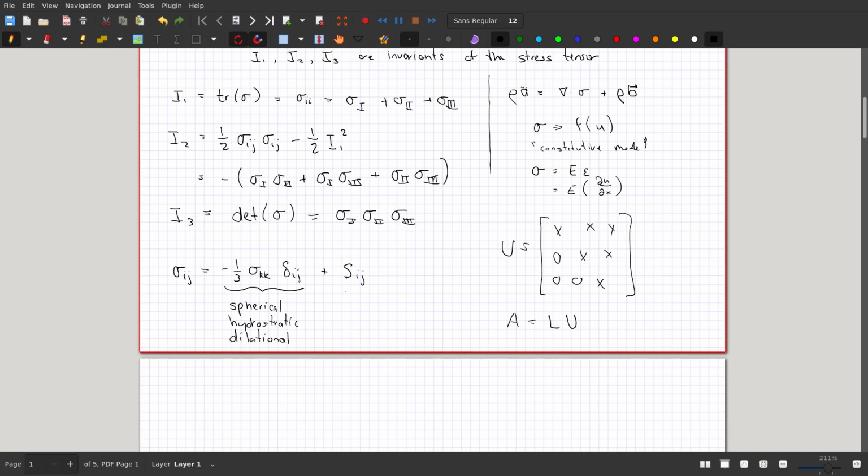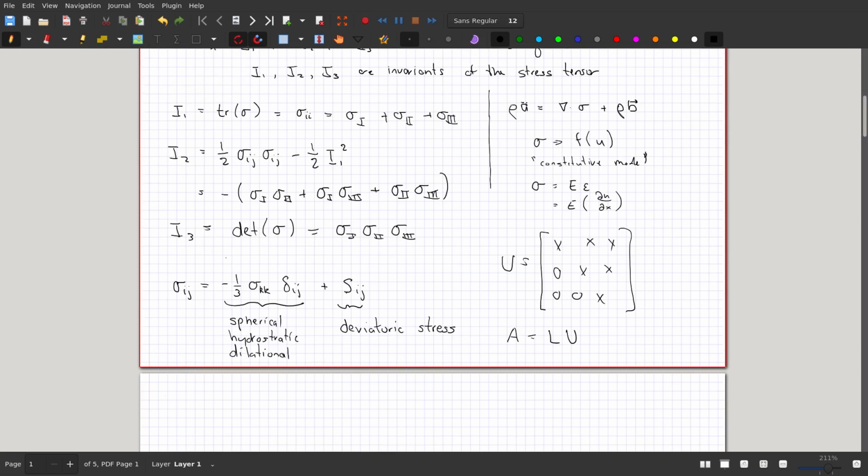And this is called the deviatoric stress. The spherical, the hydrostatic, the dilatational part of the stress is often called the pressure.